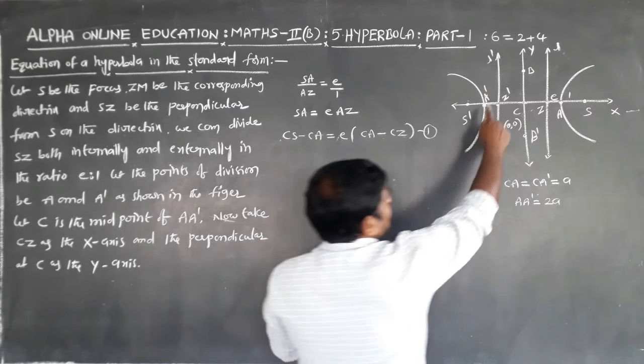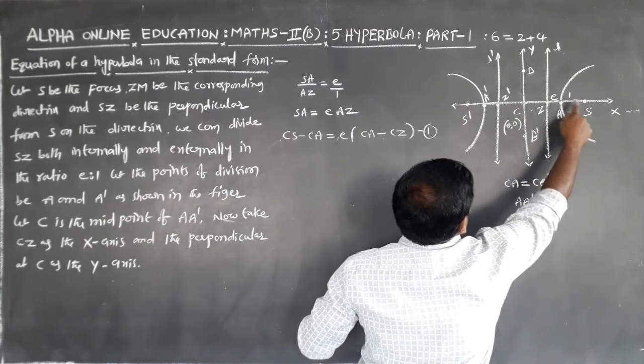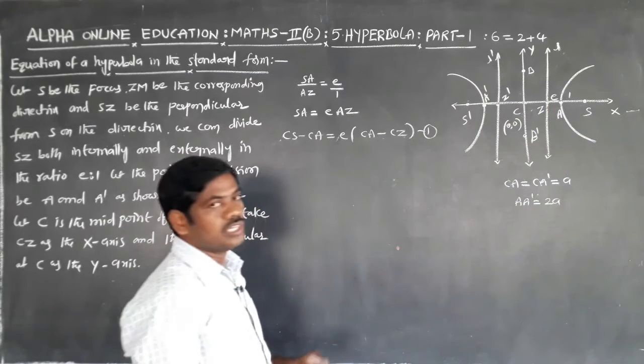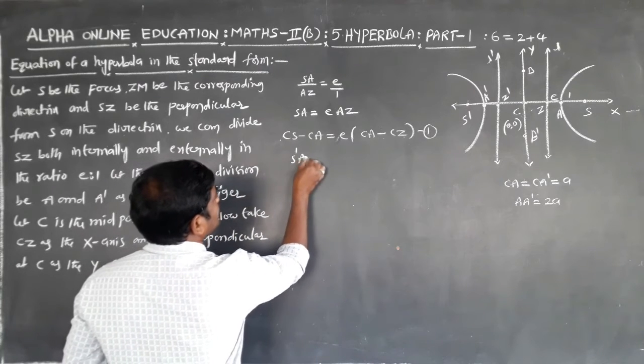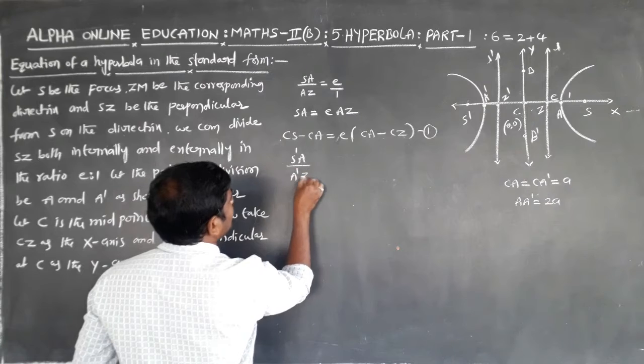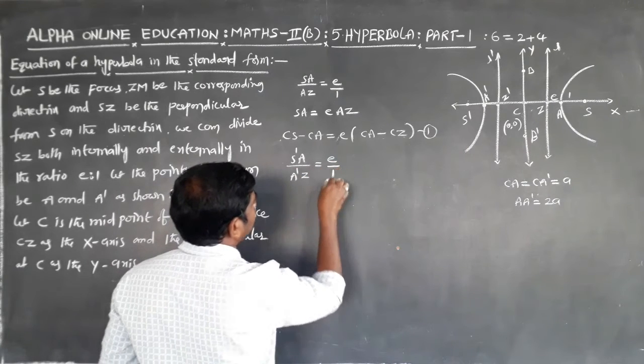Second one: A dash divides the line segment SZ in the ratio e:1 externally. So SA dash by A dash Z is equal to e by 1.